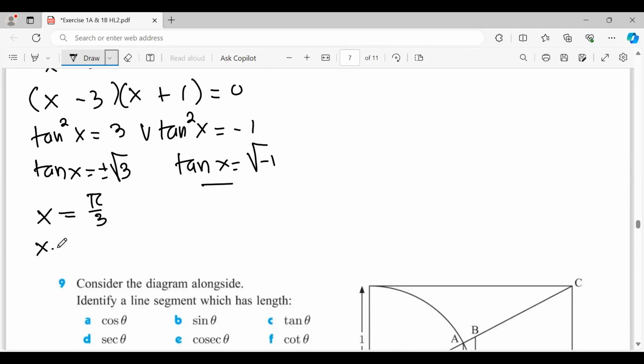Then x equals pi minus pi third, which is 2 pi third.